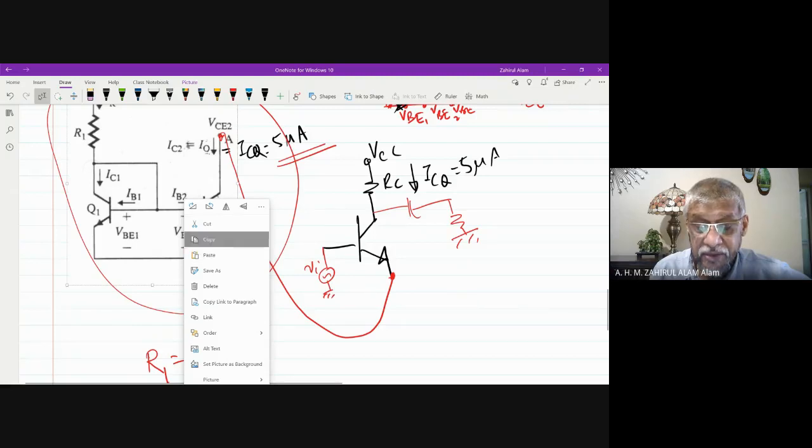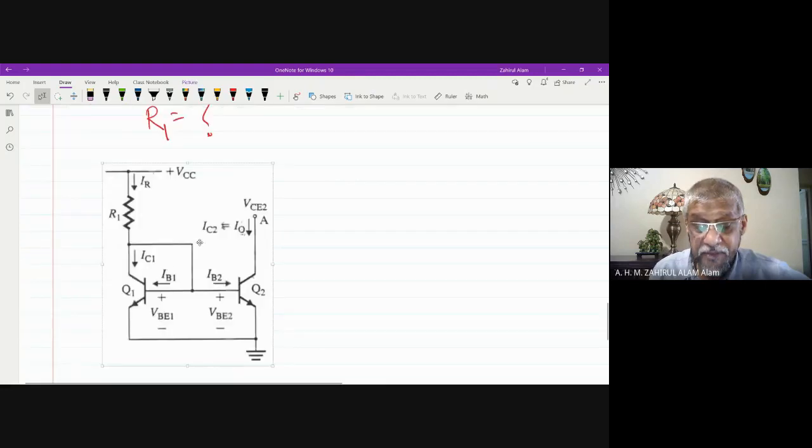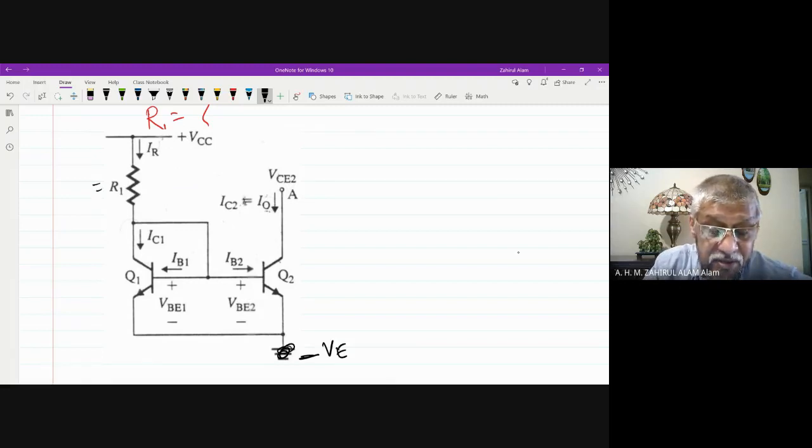Now how can we solve this one? I make it a more general circuit. So instead of ground, I use minus VE. My target is to find R1. So how to find R1? We need to apply KVL.